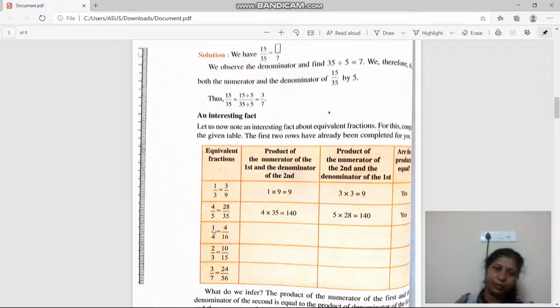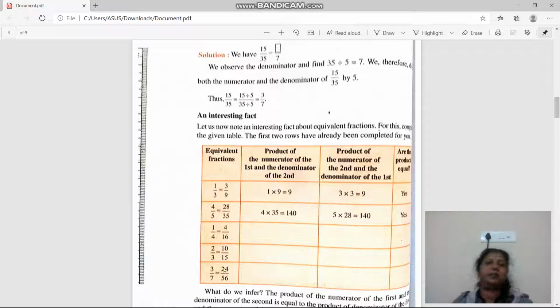The numerator of the first fraction multiplied by the denominator of the second fraction, if it is equal to the denominator of the first fraction multiplied by the numerator of the second fraction. See here, 1 multiplied by 16 we get 16, and 4 4s are 16. These are the same. So the products are equal, so they are equivalent fractions.